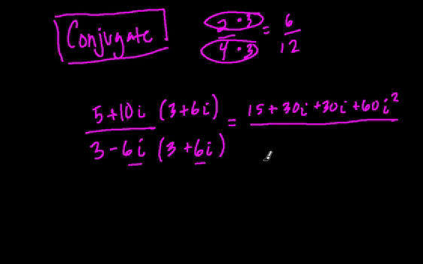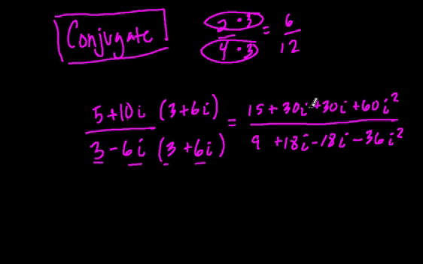So in our denominator, we have 3 times 3, which is 9, plus 18i, 3 times 6i, and then minus 6i times 3 is minus 18i. So notice right there we're going to get rid of those i's. And then last we have minus 6i times plus 6i, which is a negative 36i squared.